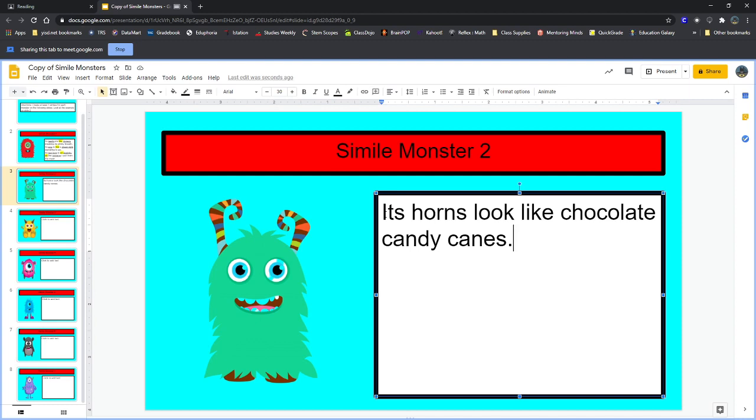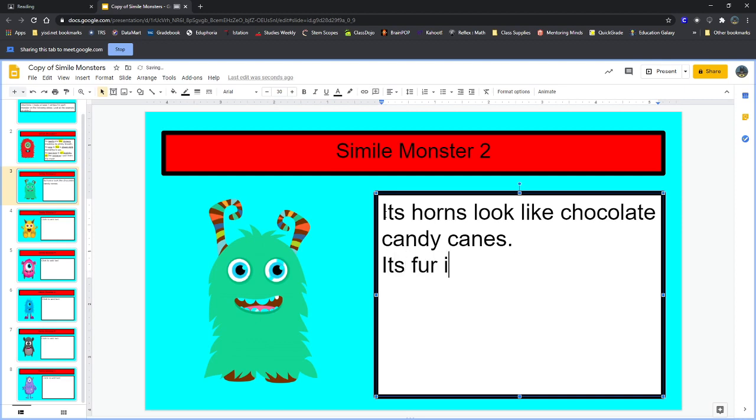What's another part of this monster we can describe with a simile? Its horns look like chocolate candy canes. What else? Violet, you have one? His fur is as green as a Christmas tree. Ooh, I like it.